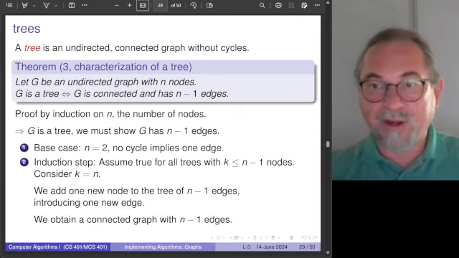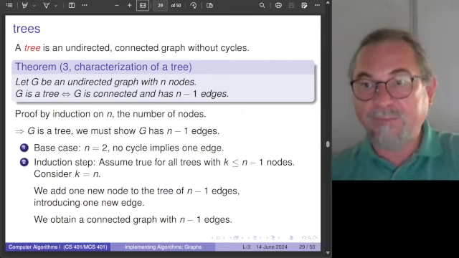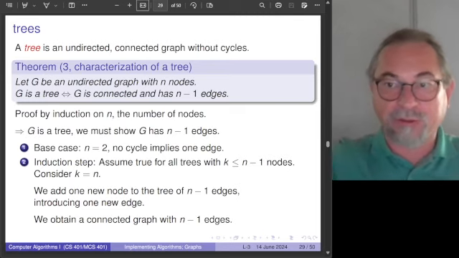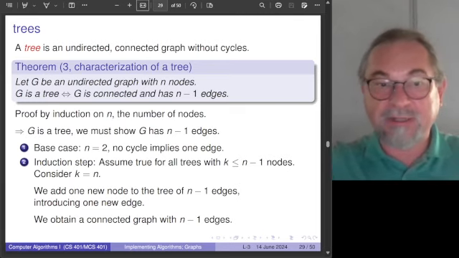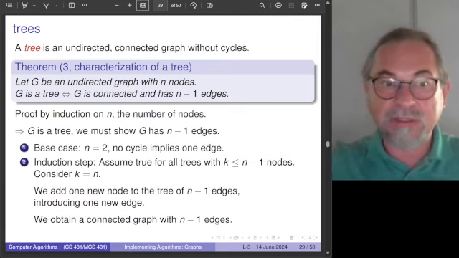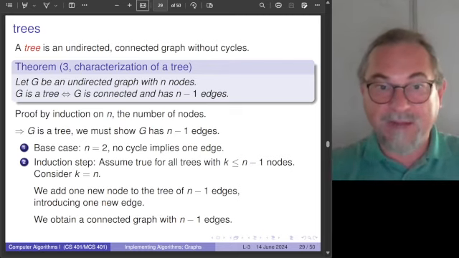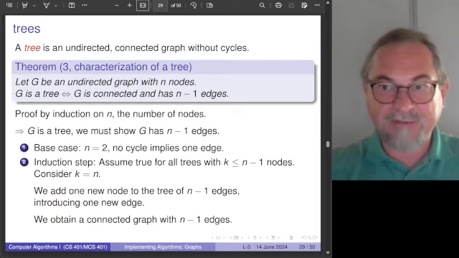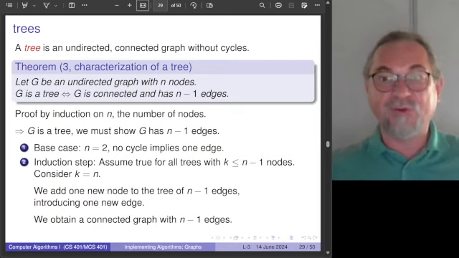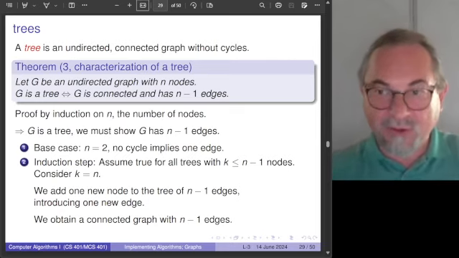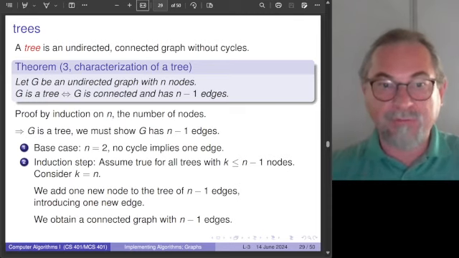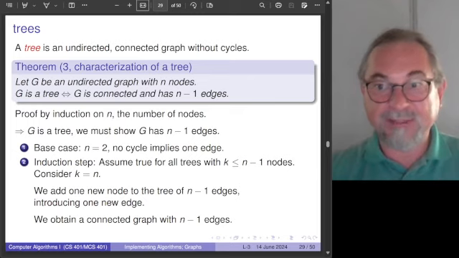If we add the vertex to another leaf as well, then we would create a cycle. We may not do this. So if we now have a tree with n nodes, then the only way that we can make that tree is by having n minus 1 edges. And it is connected.